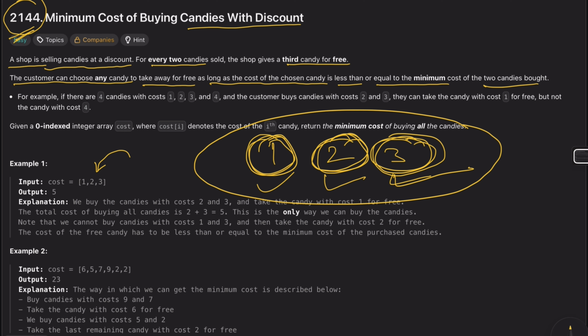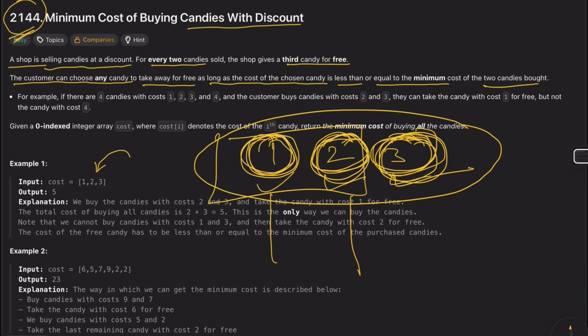So if we buy these two candies, the free price should be the minimum of these two, but it is not. If we buy 2 and 3, then 1 has the minimum price among these. This is exactly what the question is saying.